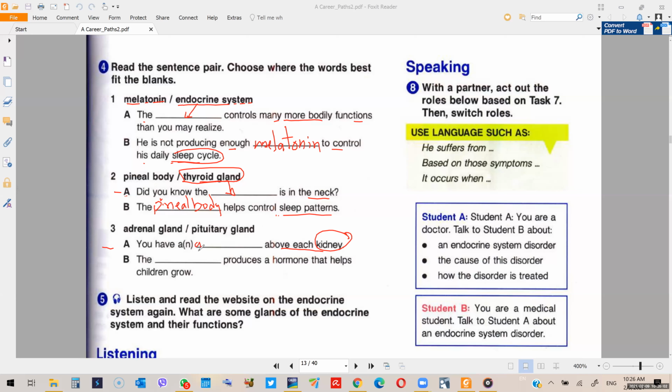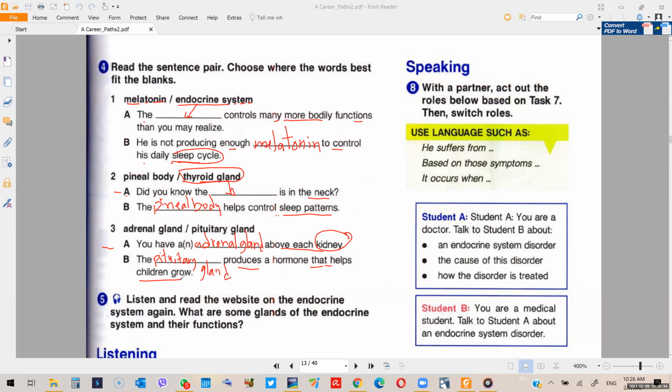You have an adrenal gland above each kidney, and the pituitary gland produces hormones that help children grow.